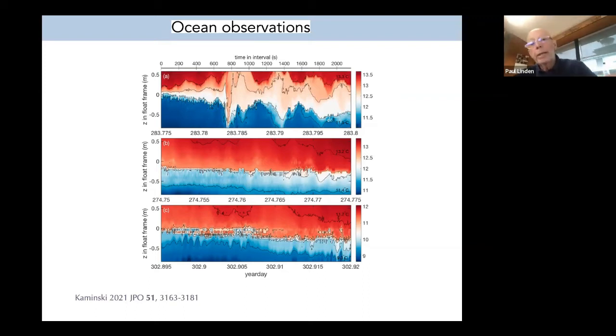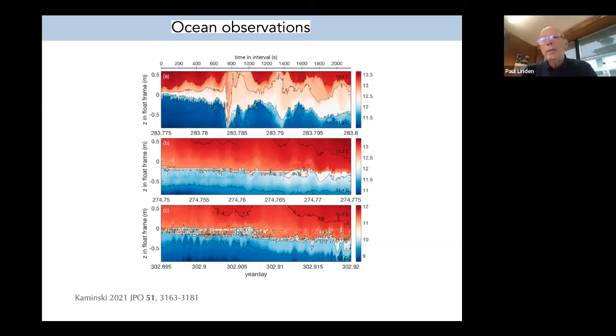So the upper panel here looks very much like the Kelvin-Helmholtz instability process that we saw in both the numerics and in the tilted tank experiment. And the bottom two panels are much more like the Holmboe instability that we saw in the lower panel of the experiments and on the right in the numerics.